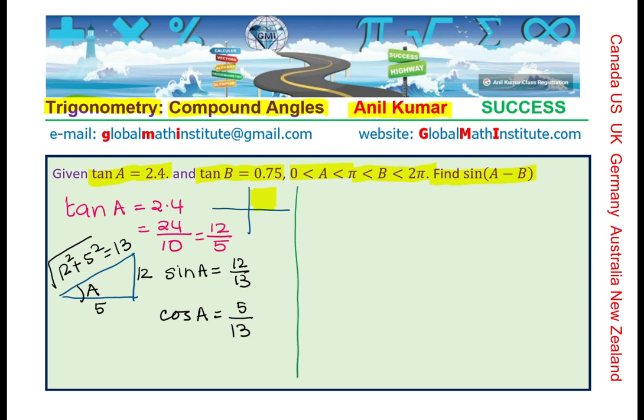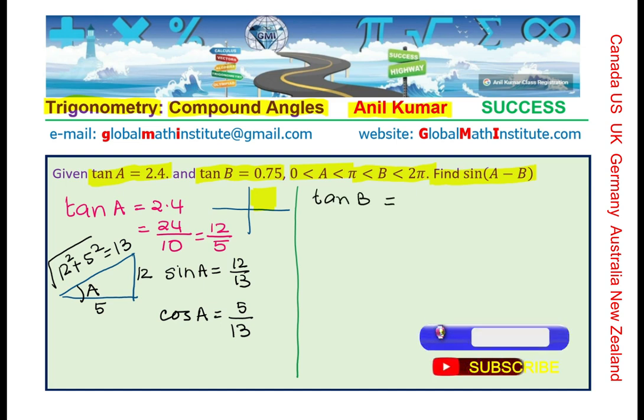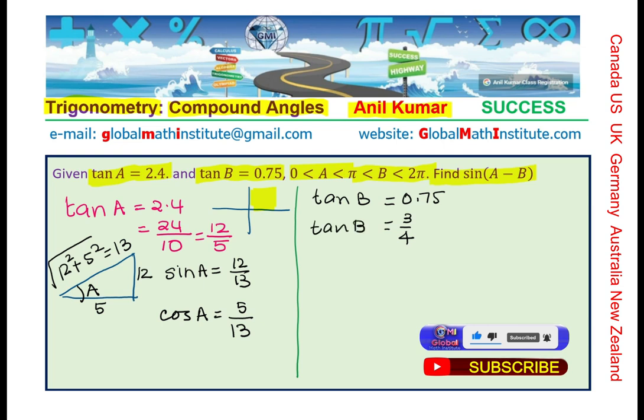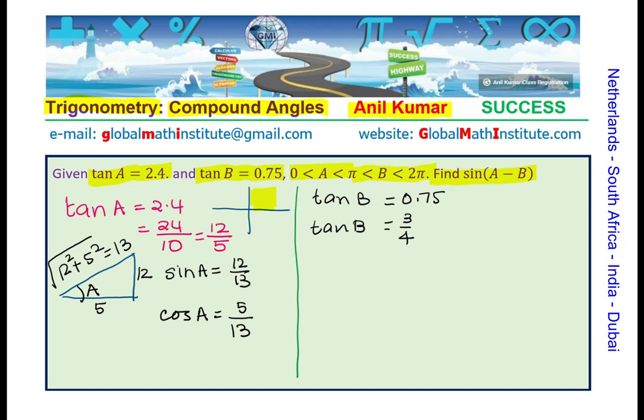Similarly, let's look into tan B. So there you go, tan B equals 0.75, which means 3 over 4. Tan B is in which quadrant? B is in quadrant 3 because we are talking about pi to 2 pi.